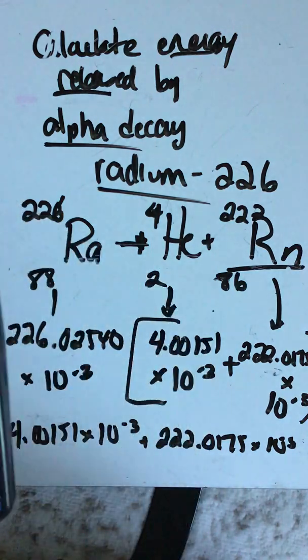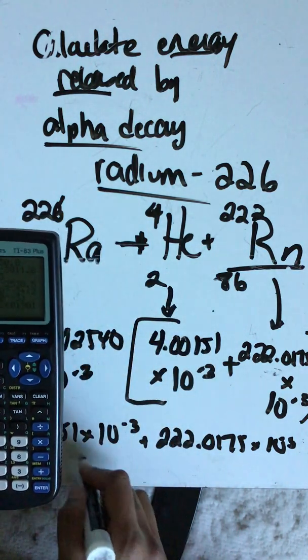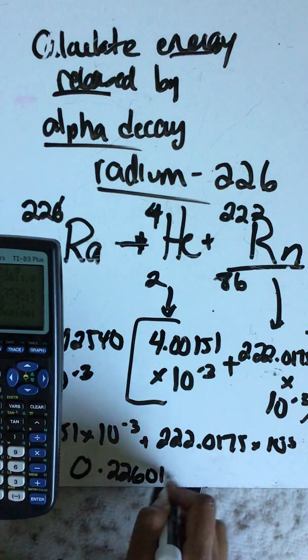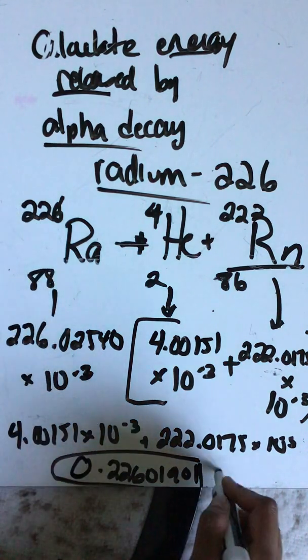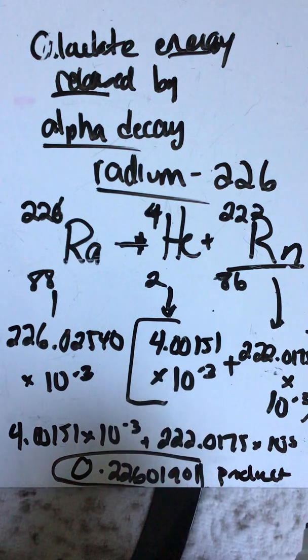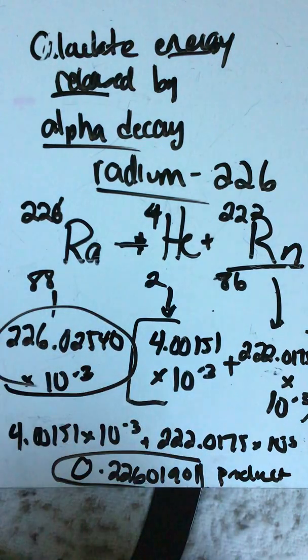Okay, so there you go. That's the answer, 226.01901. That is the product, and the reactant is that number.